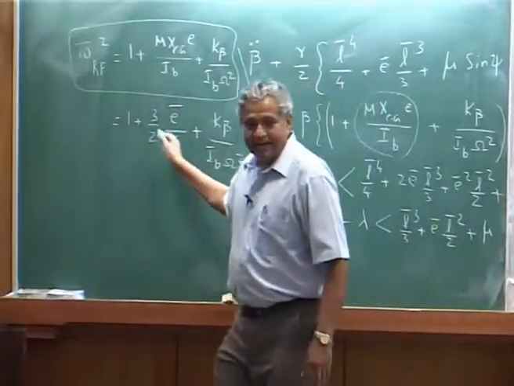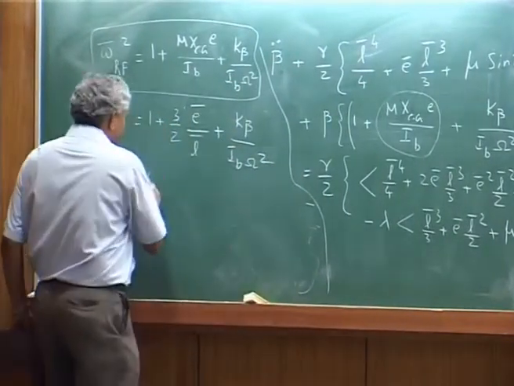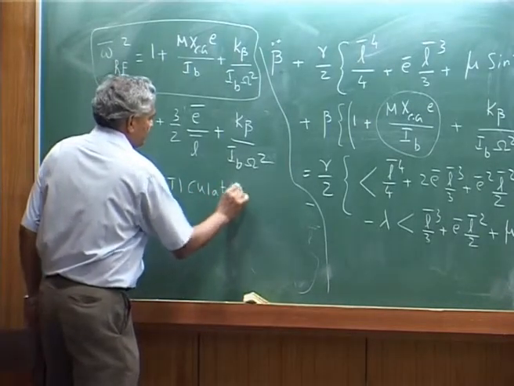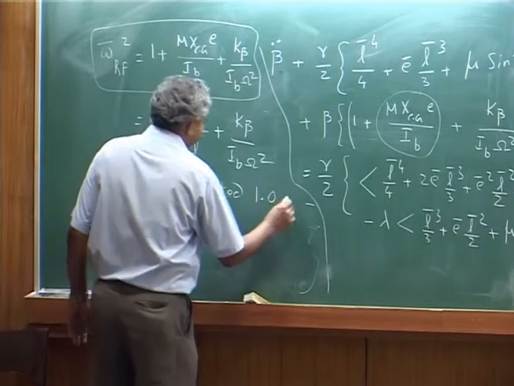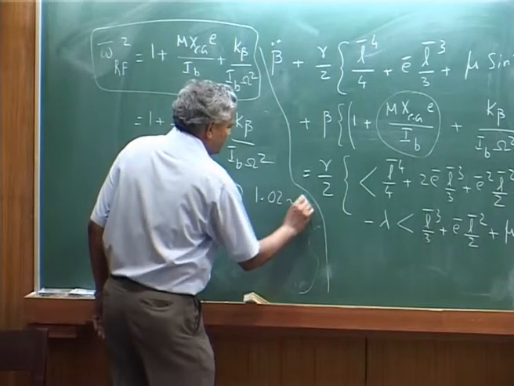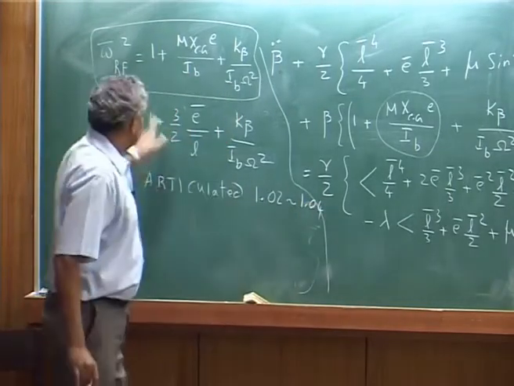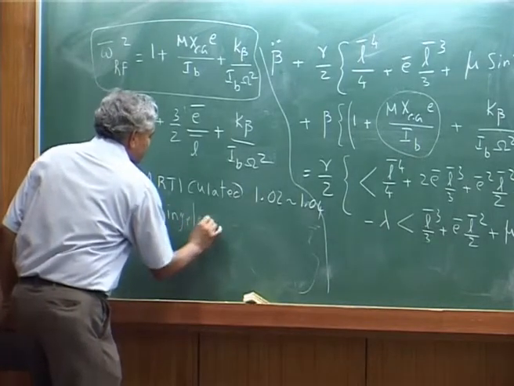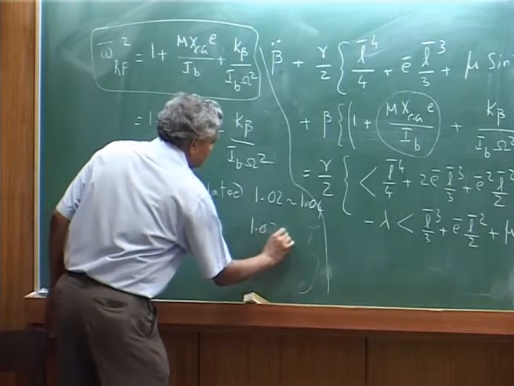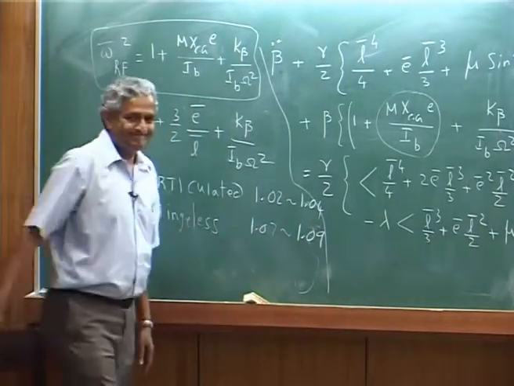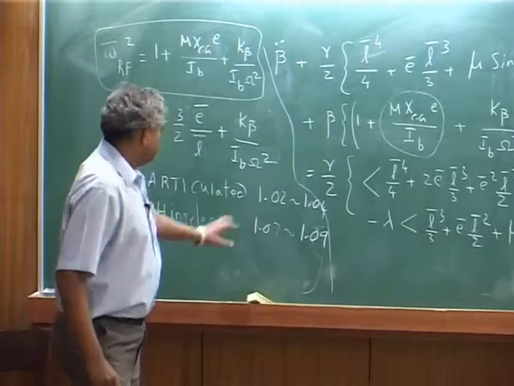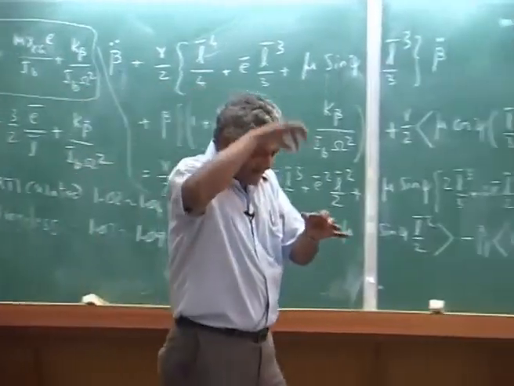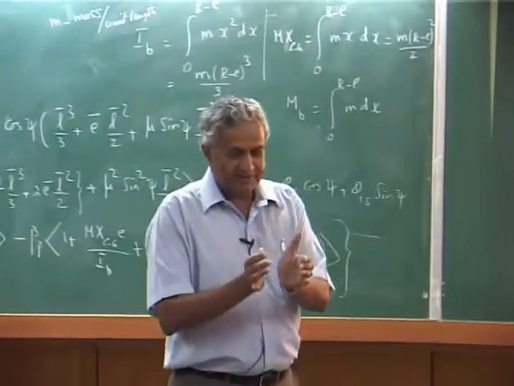So, you usually have in the range of articulated rotor around 1.02 to 1.04, whereas hingeless you go to 1.1 sometimes, because physically you need to have some, you can't put the blade right at the center, there is a physical dimension.